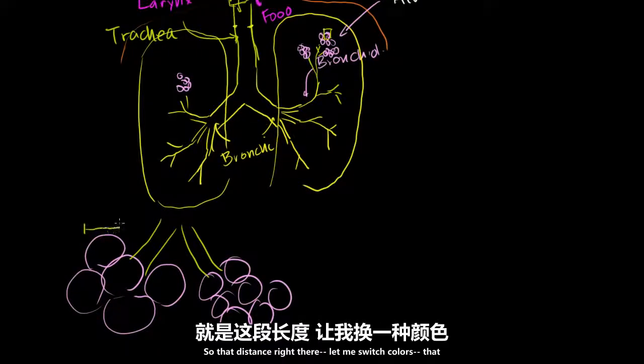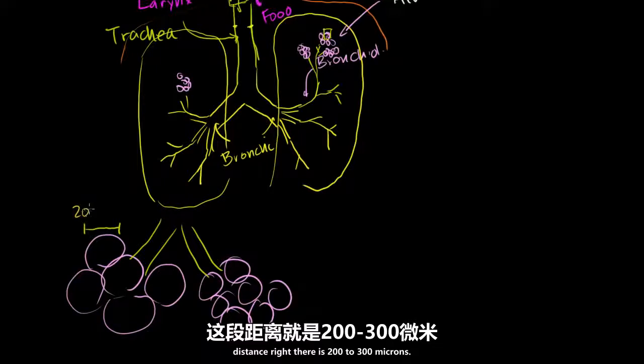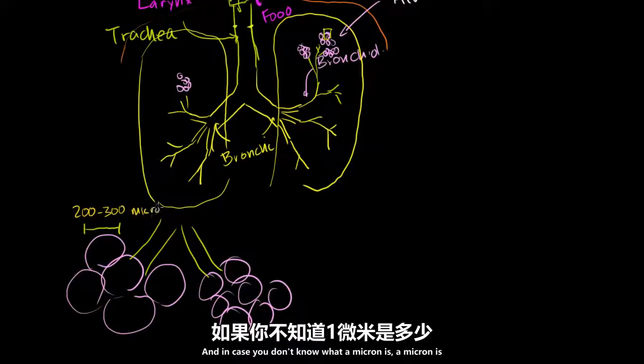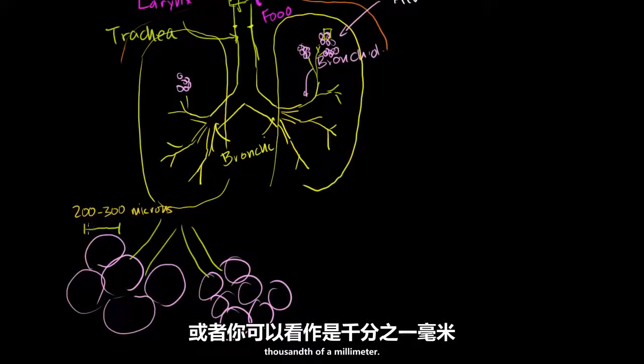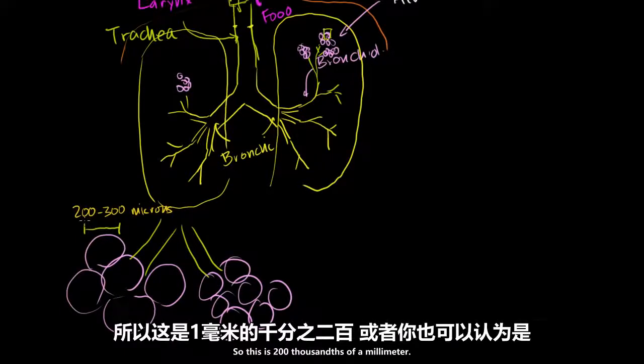So that distance right there, let me switch colors. That distance right there is 200 to 300 microns. And in case you don't know, a micron is a millionth of a meter. Or you can view it as a thousandth of a millimeter. So this is 200 thousandths of a millimeter.